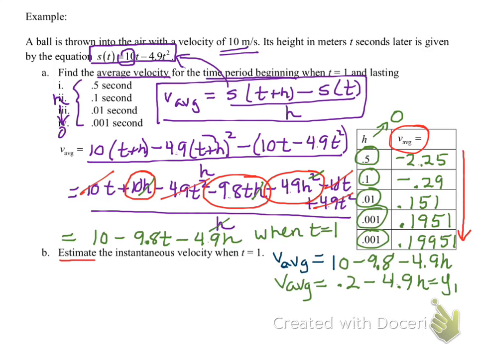So when it says estimate the instantaneous velocity when t equals 1, we're going to say that that's the limit of the average velocity as h goes to 0. So the instantaneous velocity, we're going to say, appears to be 0.2. And since that's velocity and our units are meters and seconds, it's meters per second.